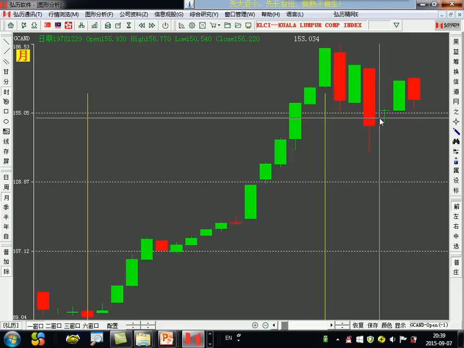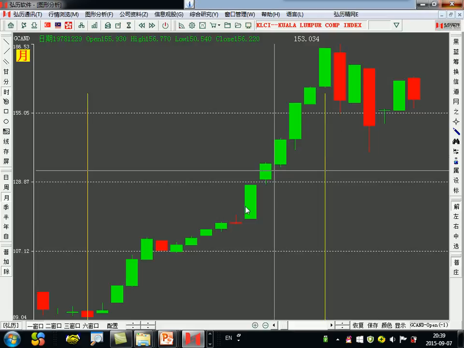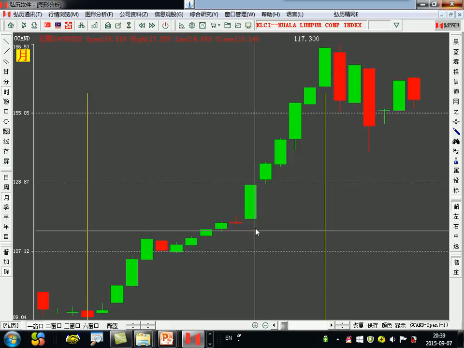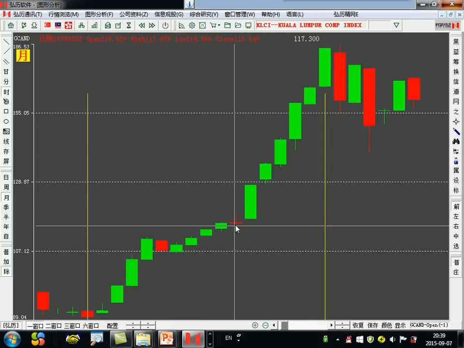Second, slow to fast, or fast to slow. What's the meaning? From here you can see it's a slow uptrend, then a fast uptrend, right? Maybe here's the turning point. From here it turns up fast, goes up fast, also the turning point.